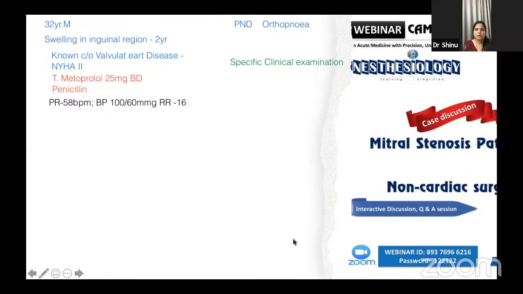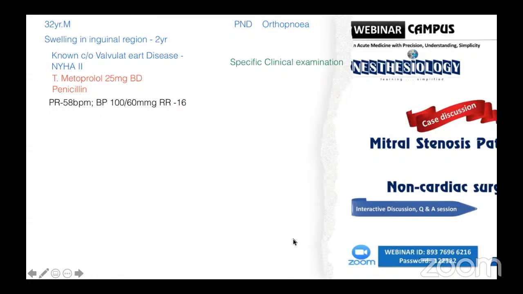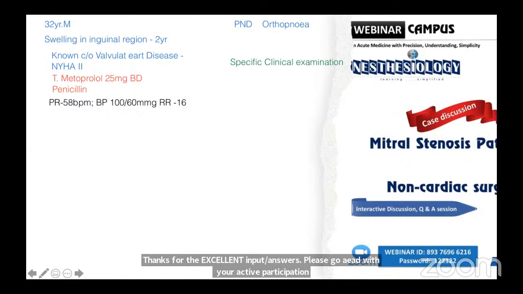Okay, ma'am. So, ma'am, in the investigation part, I am going to look for the complete blood count, mainly hemoglobin. The baseline hemoglobin is recorded to rule out any anemia, because anemia can cause tachycardia and can decrease the filling time. I also look for total count, differential count, and ESR in case there is any underlying infection.